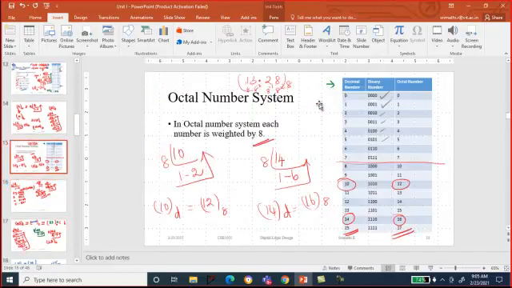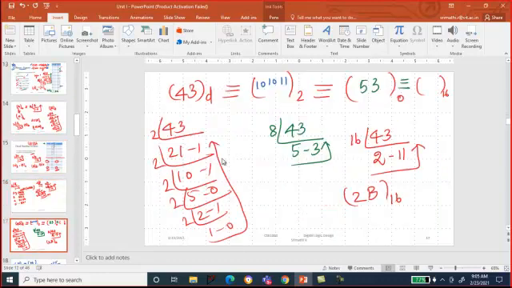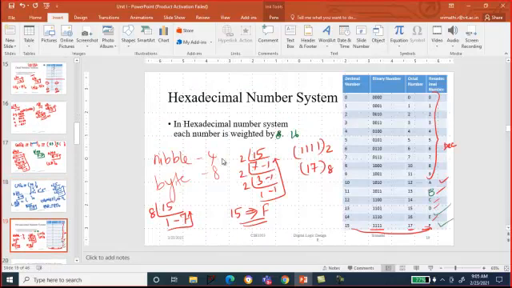And the octal number system has base 8. From a decimal number, if I need to convert to octal, you need to divide it by 8, and again in the same way, as represented by the arrowhead, we write the number. The hexadecimal number system has radix or base 16, so we divide the given decimal number by 16 and follow the same procedure as for binary and octal.